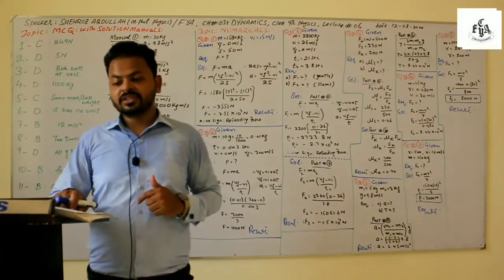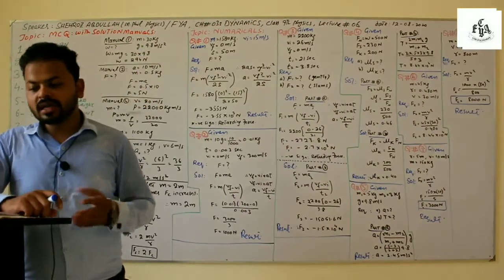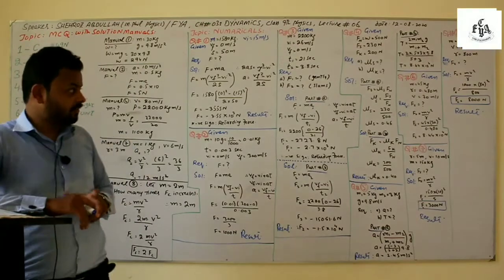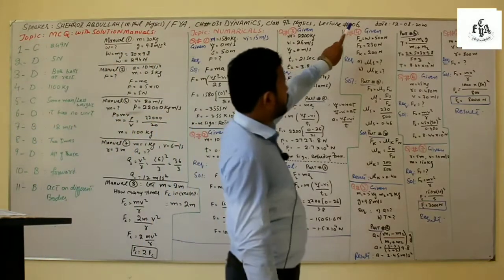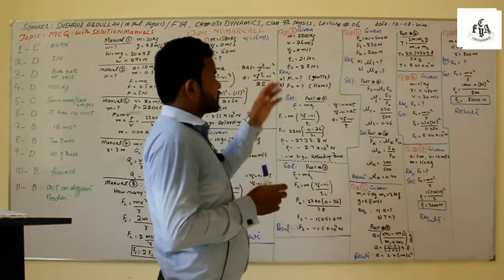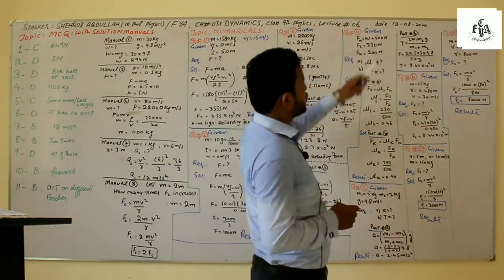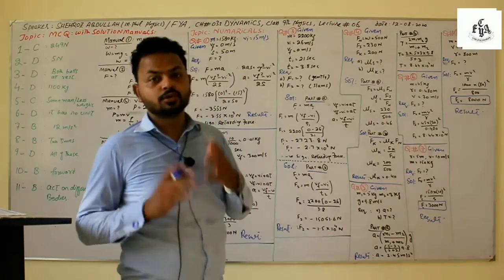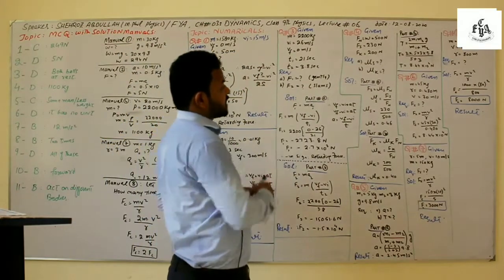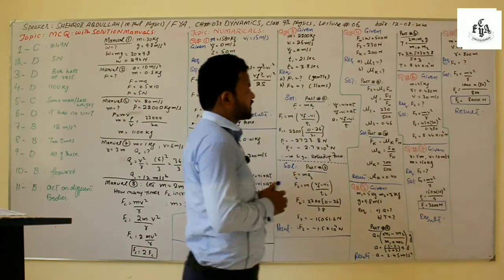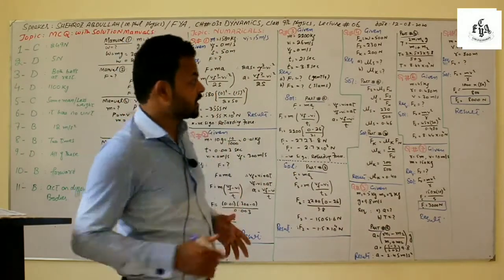What are the coefficients of static and kinetic friction? Okay, so normal force is given to you, that is 500 newtons, and static friction is given to you, 230 newtons, kinetic friction is given to you, 200 newtons. What is required? Coefficient of static friction and coefficient of kinetic friction, both are needed to find, right?